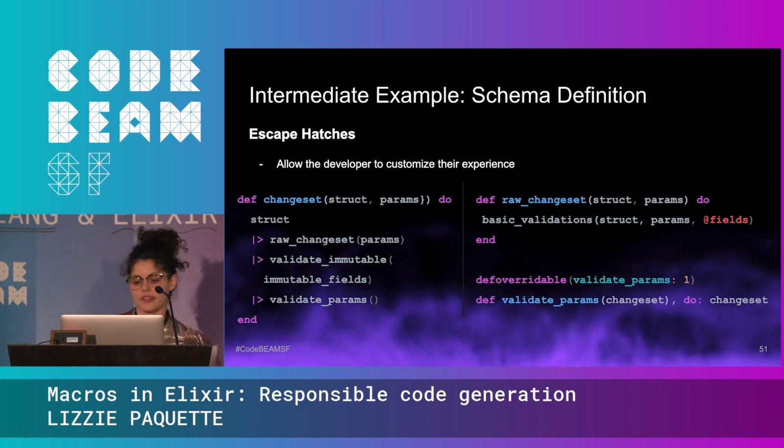In our code it does nothing, but we made it def overridable, which meant that the user of our schema could go in, define their own validate params function, and then that would be called, as you can see, in our change set function. So they could easily extend the amount of validations that were happening without having to go in and redo extra work or change the generated code.